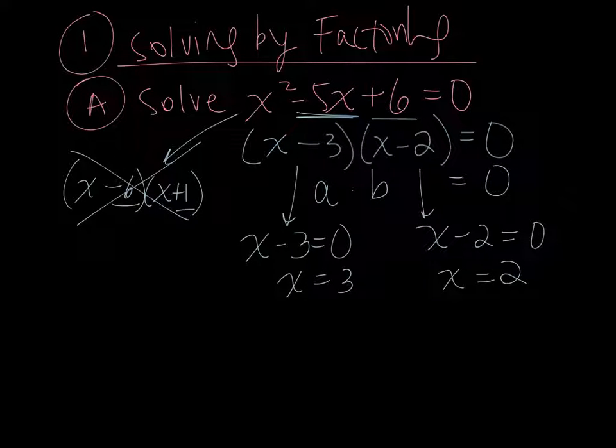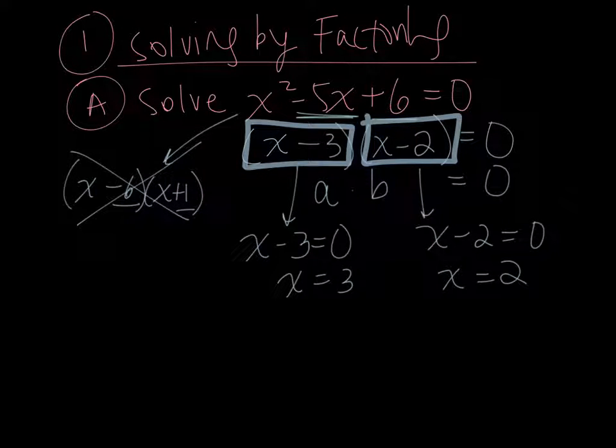Now you will eventually skip these two steps, because you'll just see it right away. Essentially what you're asking is what number makes this 0 and what number makes this 0. So you see clearly 3 and 2. And those are your two zeros.